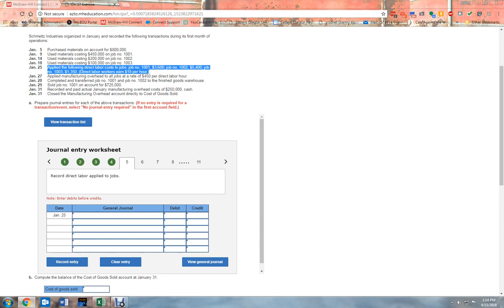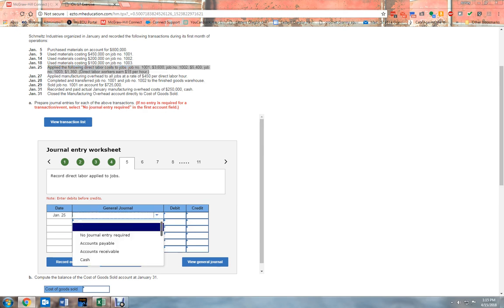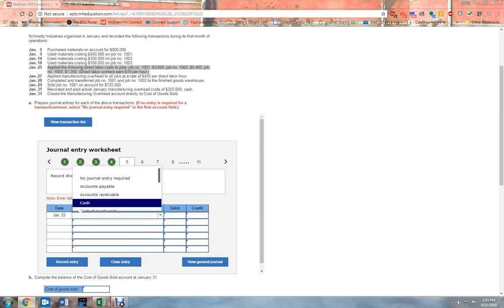Since we know all three of those jobs are in work in process, we can get our calculator out, add 3,600 plus 5,400 plus 1,350, and we get $10,350. Work in process inventory still gets those costs, it's just direct labor instead of materials.